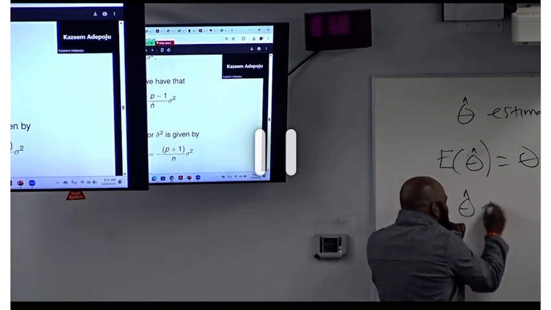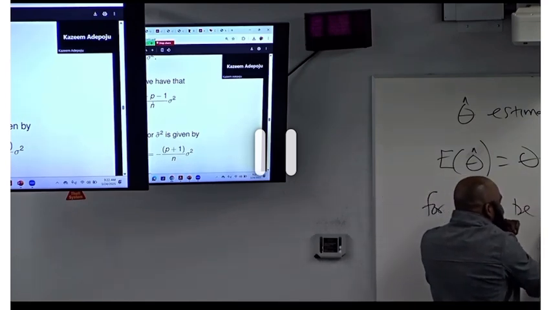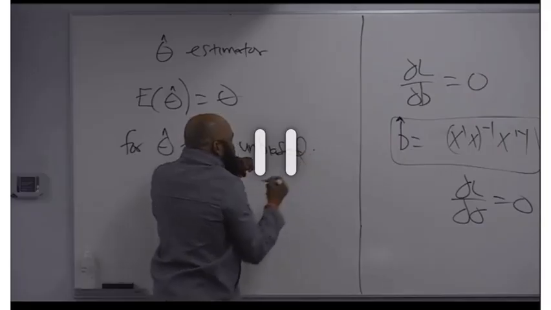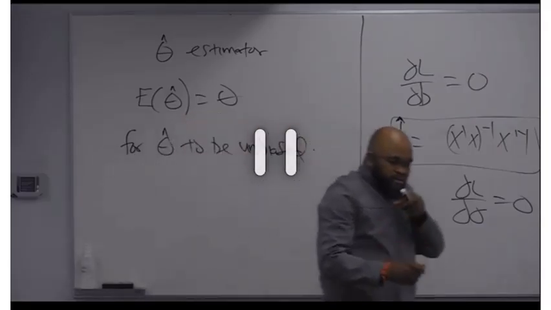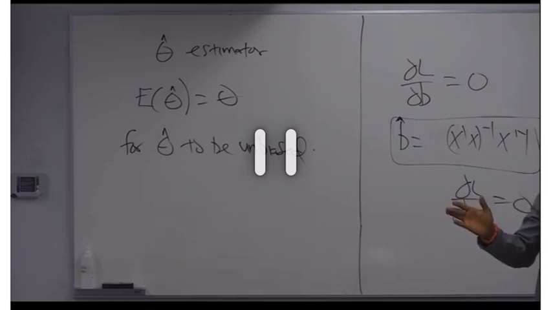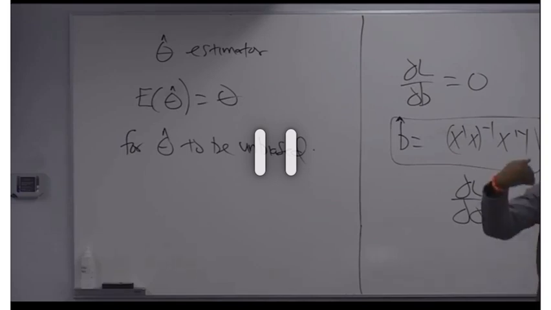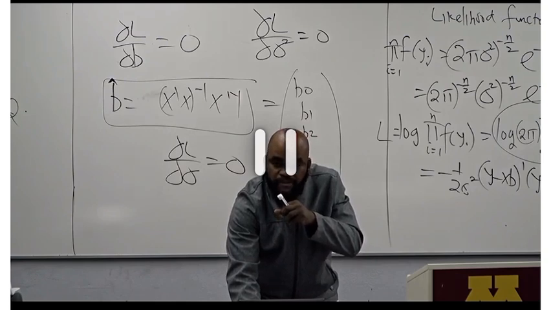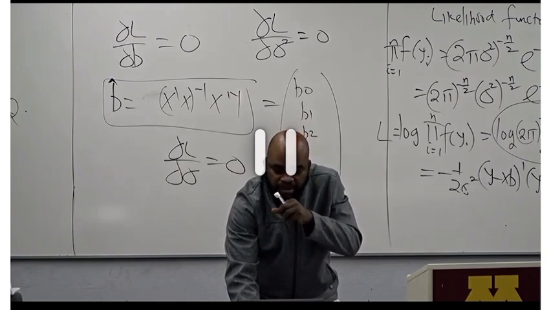But in the case of the error variance estimated through the MLE, it is biased. If I want to measure the amount of the bias, I subtract sigma squared from the expected value, and this is the amount of the bias.